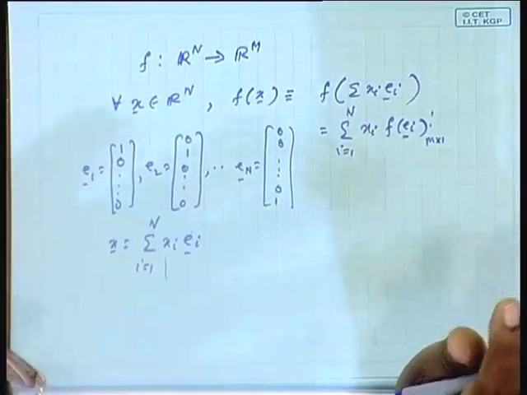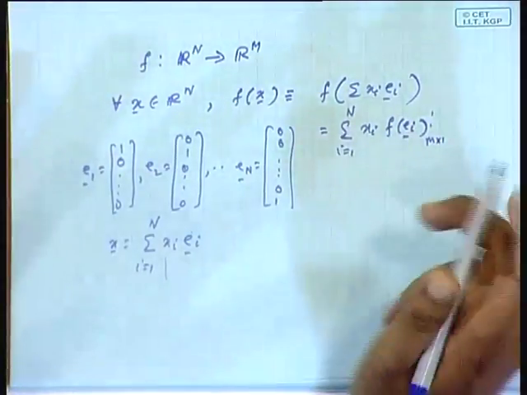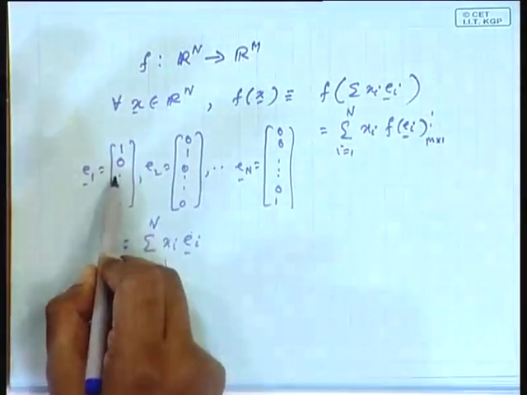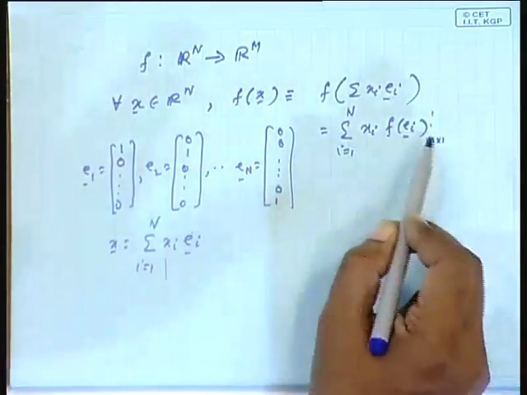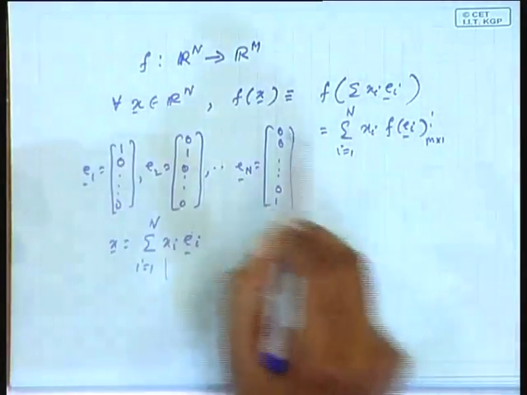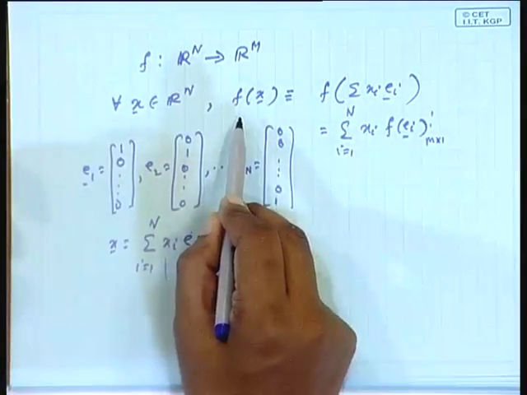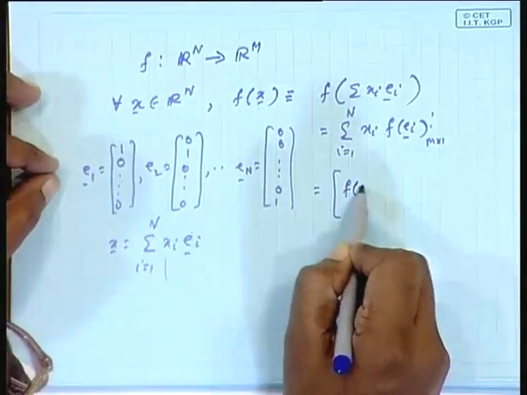Map of this Fe1, map of this Fe2, dot dot dot, map of this Fen, and you are multiplying by the coefficients and adding. That is your map, and I am assuming linearity. This I can simply write in this form.